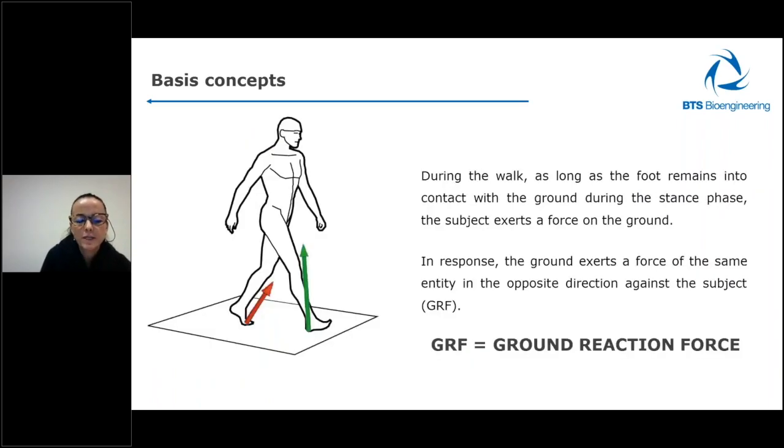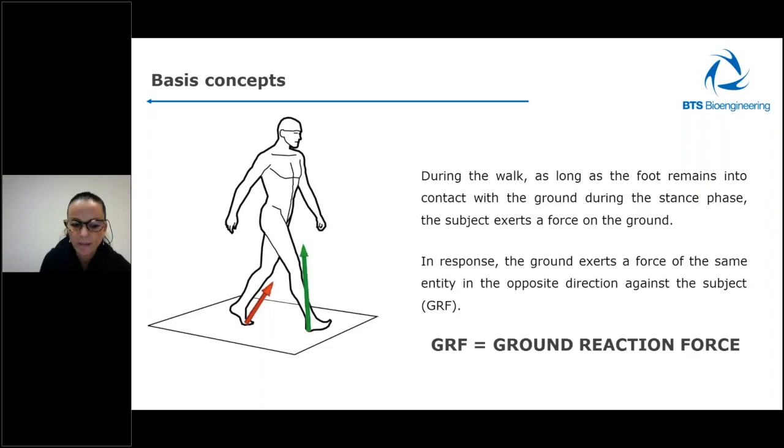During the stance phase of the gait cycle, as long as the foot remains in contact with the ground, the subject is loading a force on the ground. Time by time, during the three different foot rolling phases, this force changes its intensity and its direction.